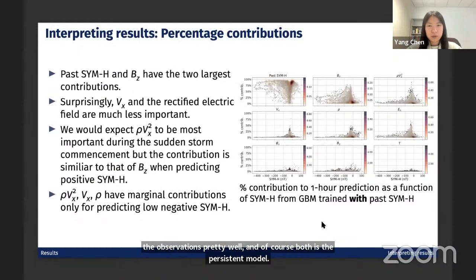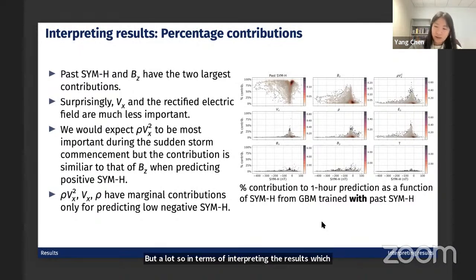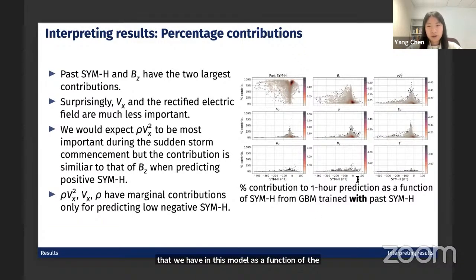So in terms of interpreting the results, which is the highlight, the more interesting part of our work, we could look at the percentage contributions of each of those predictors in this model as a function of the observed Sym-H values. Sym-H values closer to 0, that's our x-axis here, means around the baseline level.